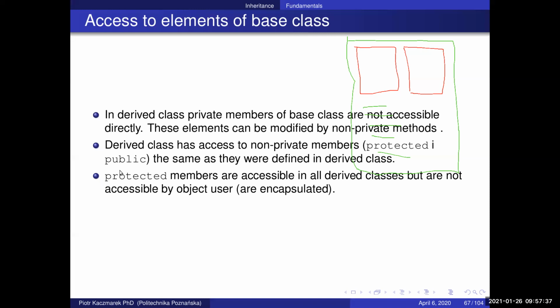But the protected type works like the private type for object users. If you define an object and methods or attributes are set to be protected, they cannot be directly accessed by it.